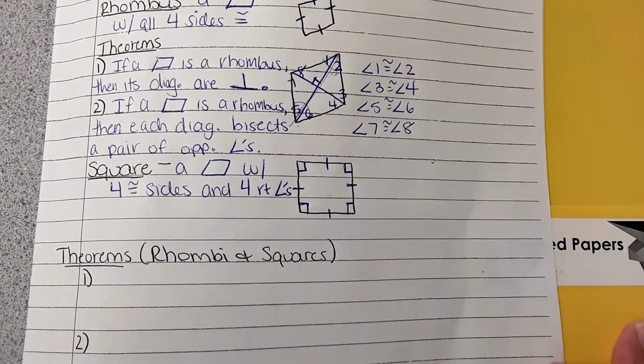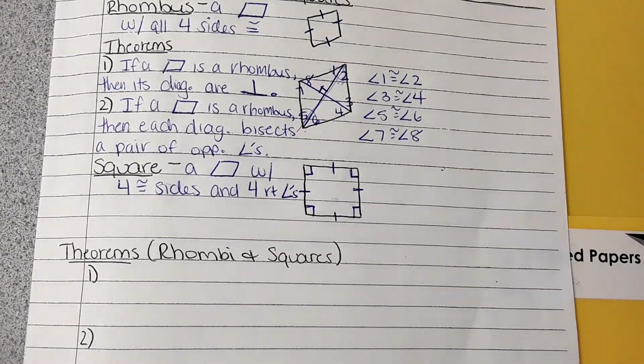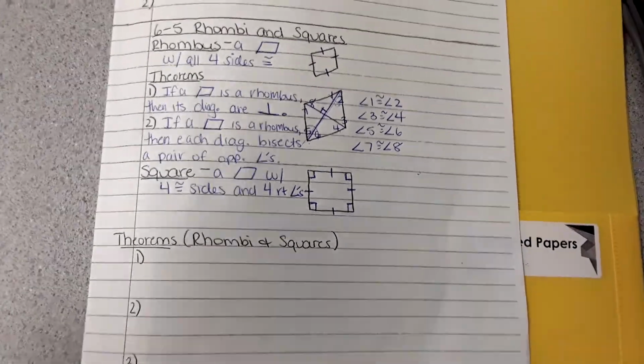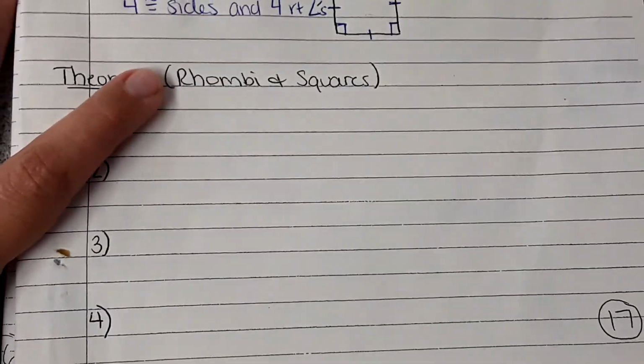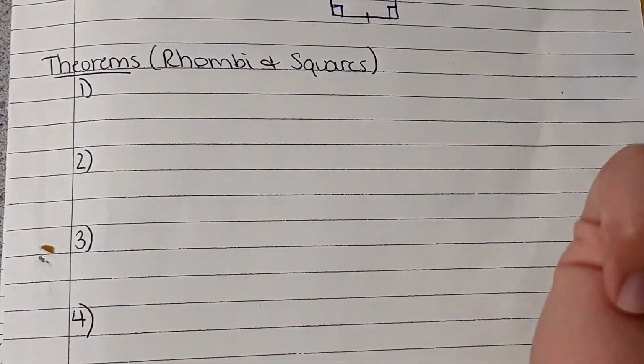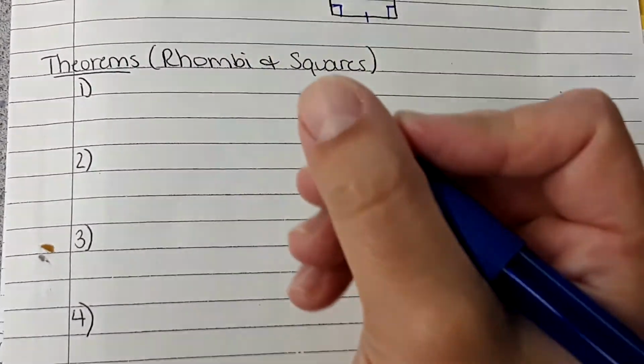Okay, so now we're going to get down to the theorems for rhombi and squares combined. So there's 4 of them, and these are kind of like converses to the ones we just wrote down.